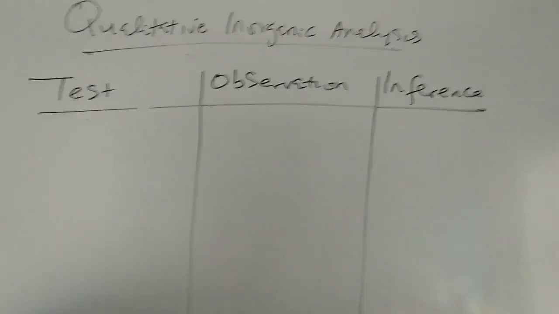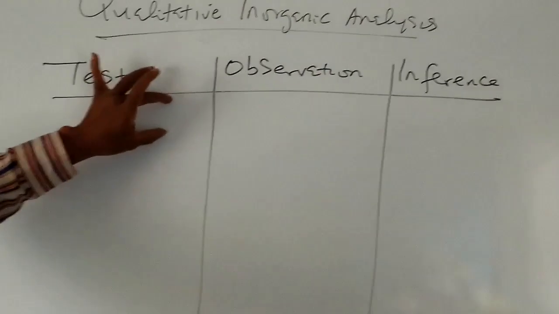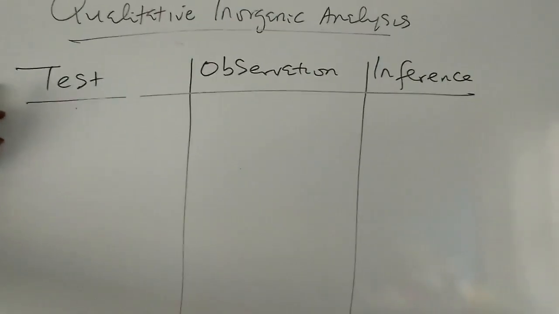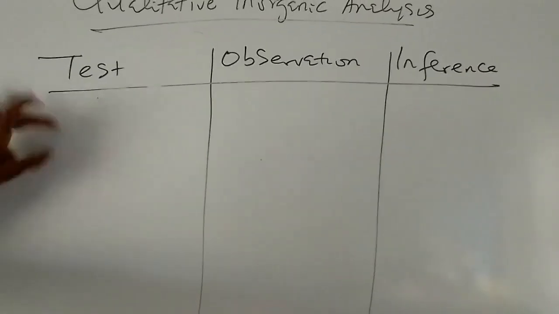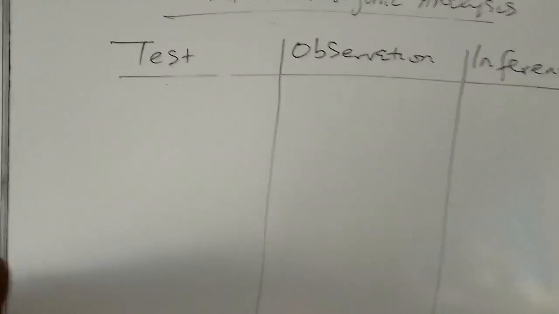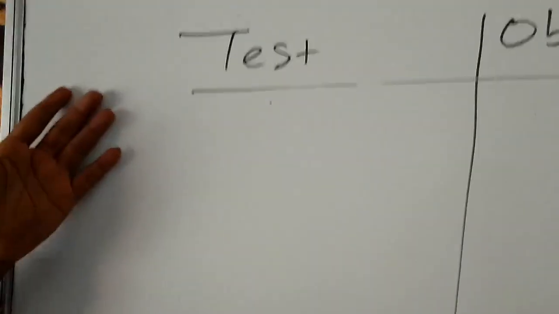So you have to bear in mind that if you record a wrong test, if the test is not well recorded, maybe in terms of your language or choice of words, maybe you're supposed to use an aqueous solution and you went and wrote solid, or you're supposed to use a filtrate and you wrote residue, you write a different thing.